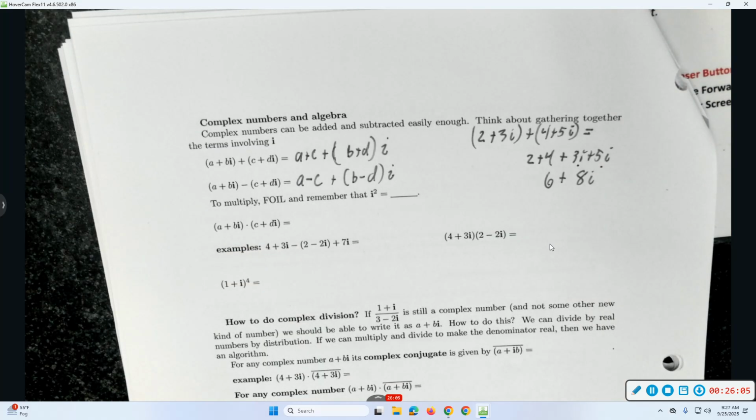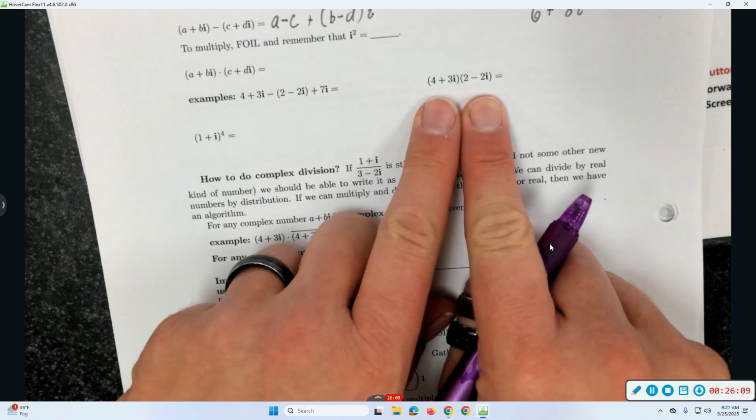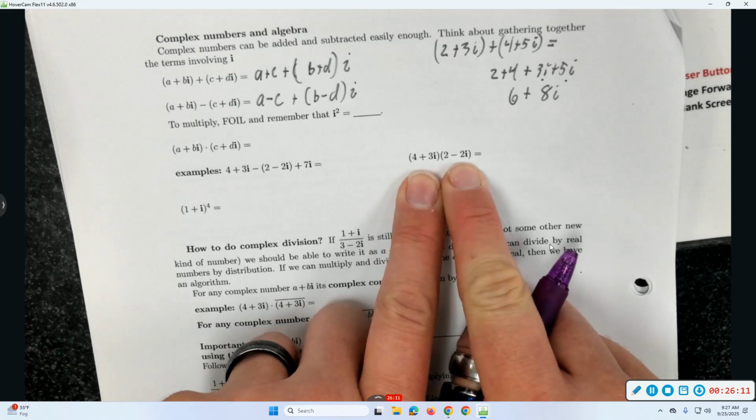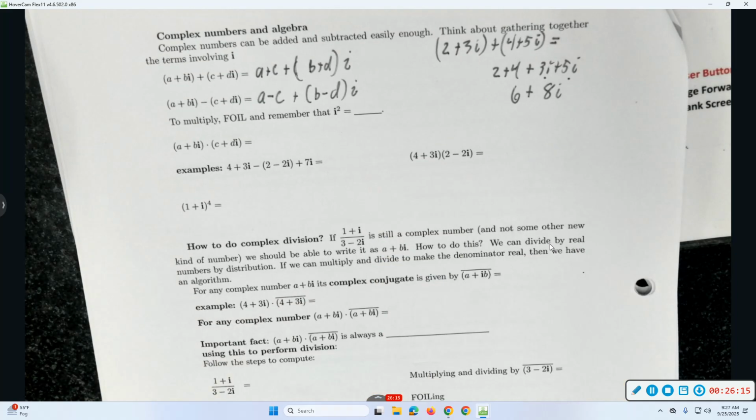Let's think about multiplying. And I think I'll go somewhat out of order. Let's go down to this example. 4 plus 3i times 2 minus 2i. If I want to ask you to multiply that, what idea would you want to use to do it?